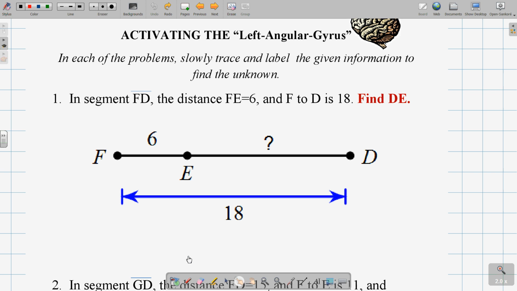If you have your quad pen, let's get that out. In segment FD, the distance F to E, I'd like you to bracket F, E. Trace that 6. Cross it out. And F to D is 18. Bracket F to D, 18.